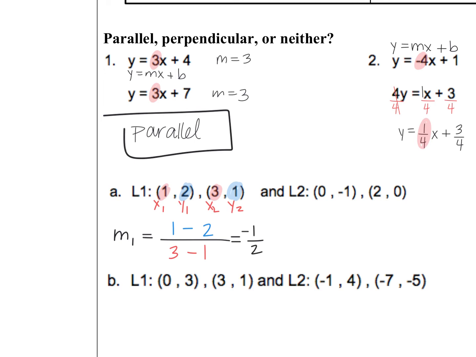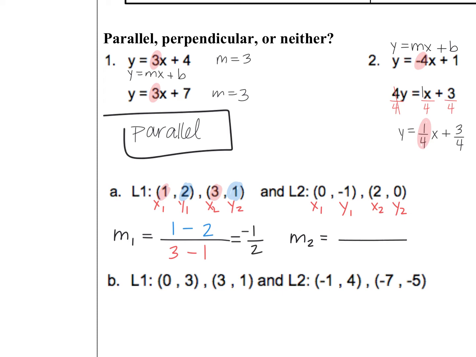So subtract your y's, subtract your x's. That's all we do. And then I'll use the slope formula on the second one as well. So x1, y1, x2, y2, and I subtract. So it should be my slope of line 2. So I'm just trying to write it differently. If you just want to put m, it's fine. It's up to you.